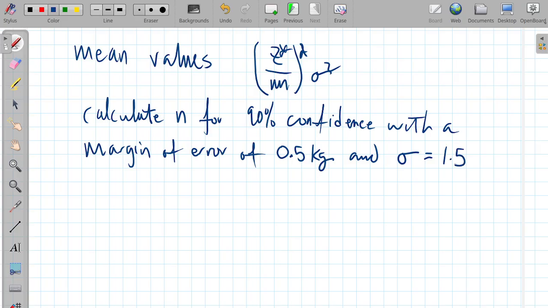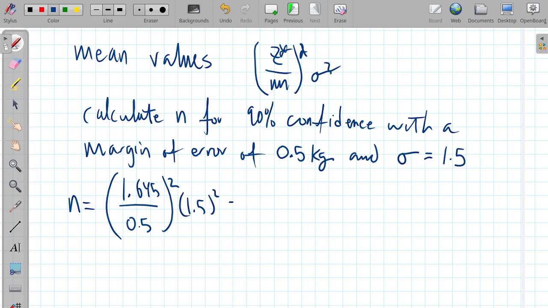Okay, straightforward. N, now the critical number, again it's a table lookup, so for 90% is 1.645. We have a margin of error of 0.5. We're going to square that, and then we need sigma squared, so this will be 1.5 squared.